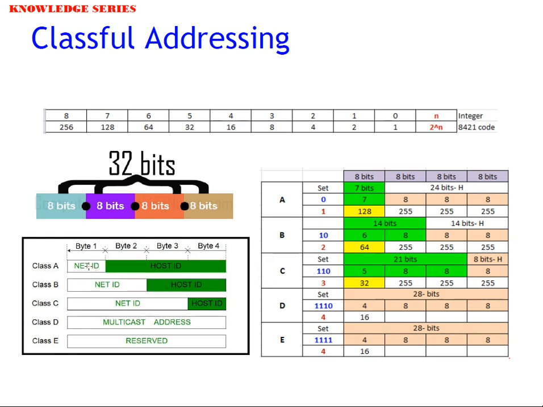Out of these 8 bits, 1 bit is kept aside to identify that it is class A. Whenever you see the first bit, the MSB, of the net ID section, if it is 0, it is considered class A. That's why the bit is defined as 0 here.